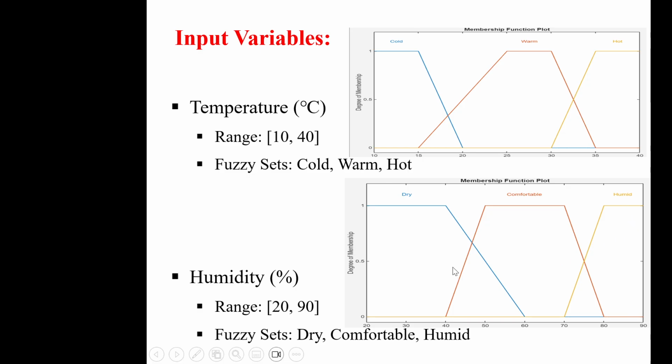And by the time we specify all those things in MATLAB environment, the membership function, the degree of membership versus physical value for the temperature, and degree of membership versus percentage of humidity will be represented. The fuzzy logic controller will try to come up with this.